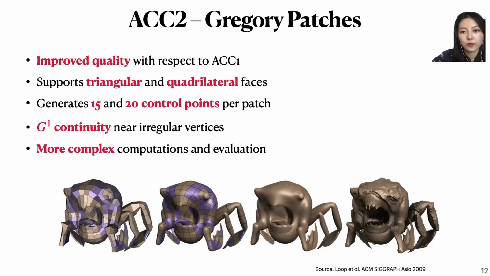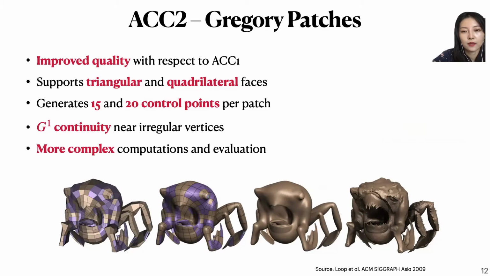An alternative to ACC1 as a computationally efficient method to approximate the Catmull-Clark limit surface is ACC2 with Gregory patches. The first image is an original control mesh. Regular faces are colored in gold, irregular quads are colored in purple, and triangles are colored in green.